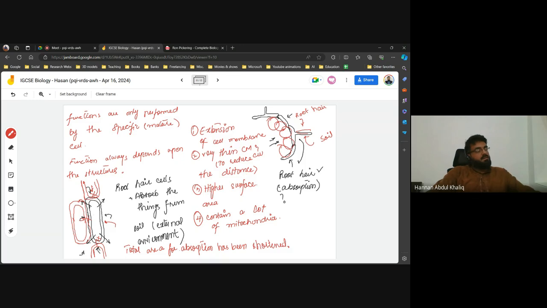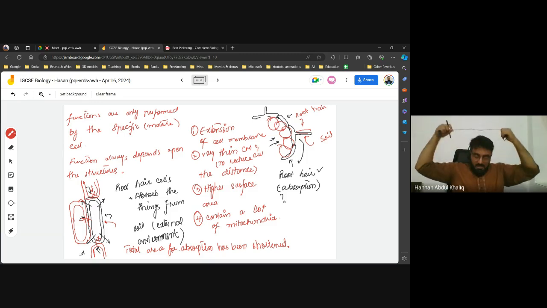These are the changes that are often brought into the root hair cell. See, initially it was a complete general cell, which eventually changed into a specific cell so that it can perform its function.